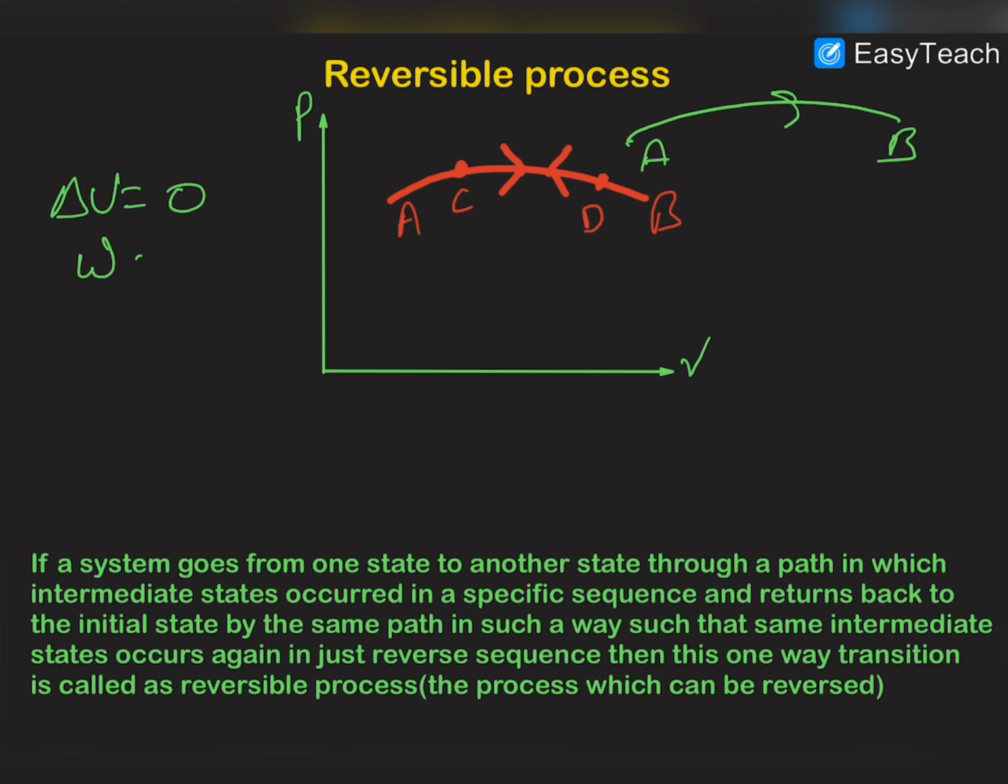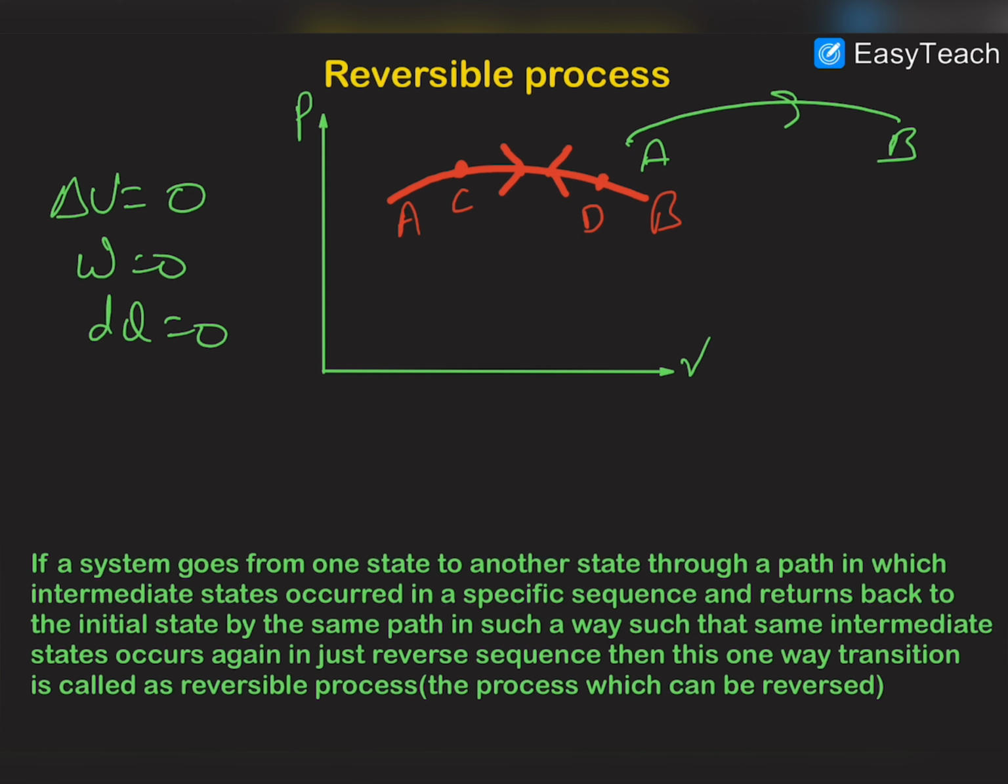Work done will be 0 if gas comes back to the initial state, because the path which gas has chosen to go in the forward direction is the same path which gas has chosen to come back to the initial state. So work done will be 0, and therefore heat supplied dQ will be 0.